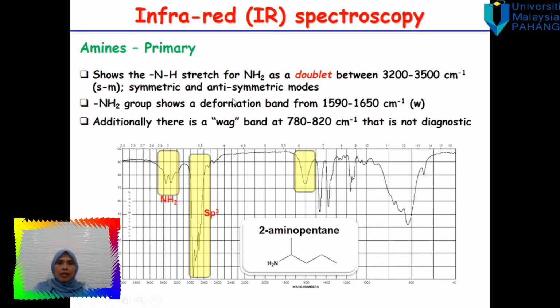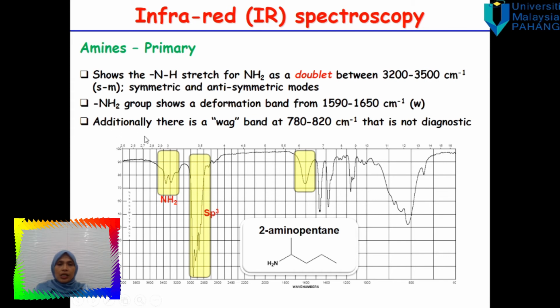It goes for the amine, same as amide. A primary amine shows the N-H stretch, NH2, as a doublet at 3200 to 3500, symmetrical and anti-symmetrical modes. It also shows the deformation band between 1590 and 1650.